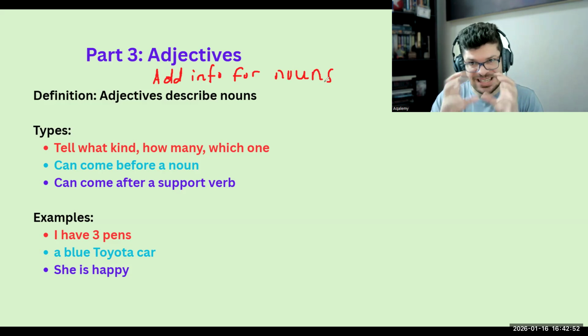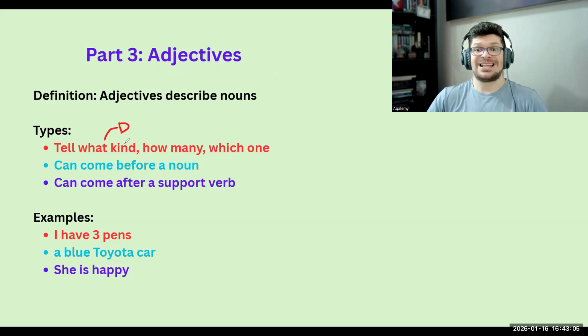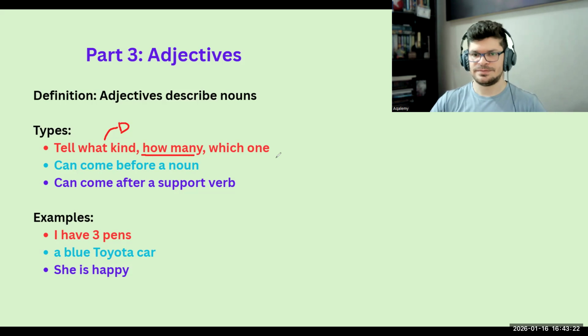Describe means to give information. We have different options for adjective. Some situation you can use adjective to tell what kind. Big, small, pretty, ugly, expensive. How many? Number. 4, 5, 6. Which one? Something specific. That blue one.